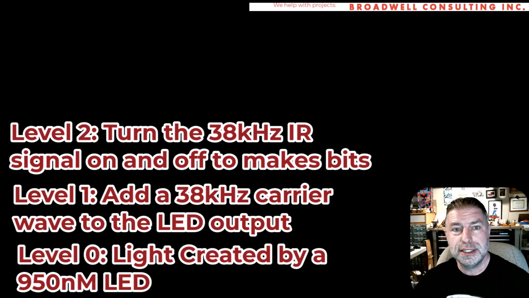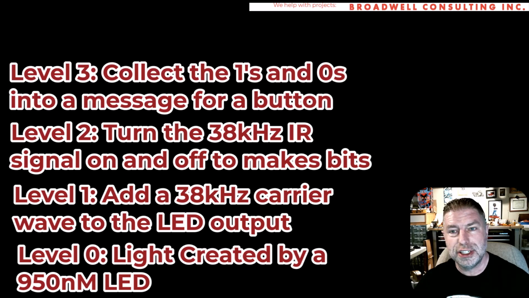Third is the IR remote protocol. And in this case, we're going to be talking about NEC. Other manufacturers like Sony and others have their own protocols, which is how we encode ones or zeros by the presence or absence of a carrier wave. And then finally, there is the interpretation of that remote protocol, which says, okay, all we're doing over the remote protocol is sending numbers back and forth.